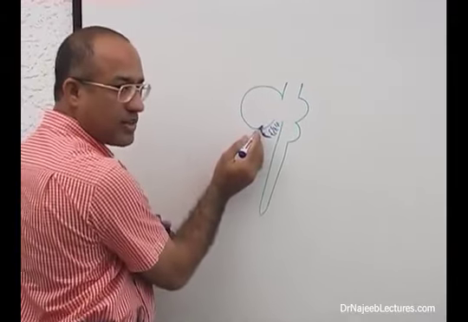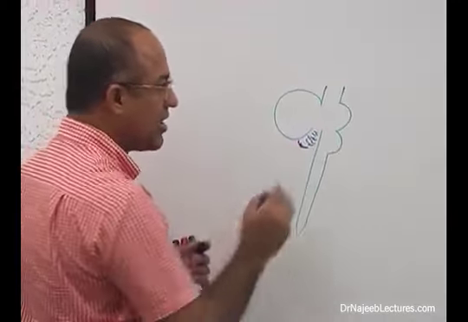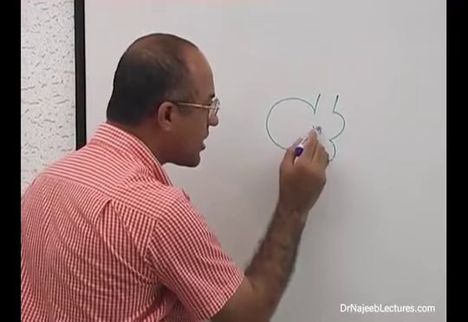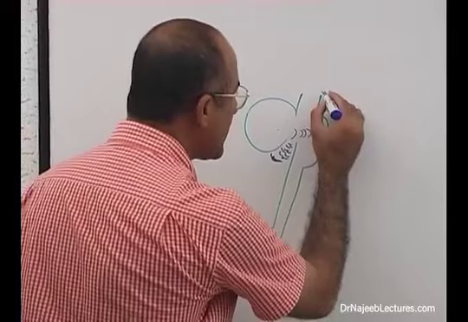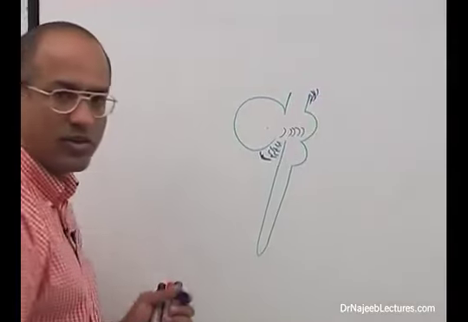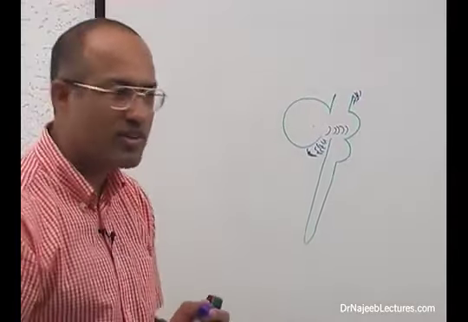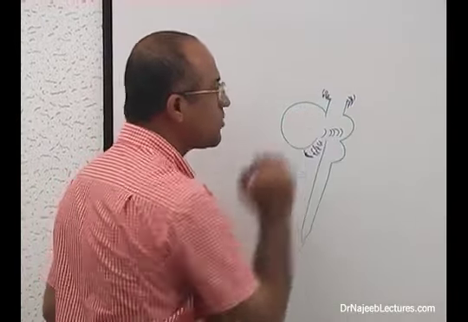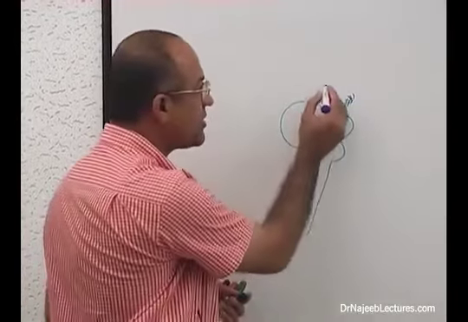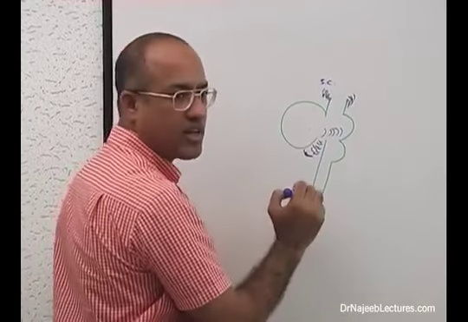Cerebello-medullary cistern. On this side there is a cistern. What is this? Cerebello-pontine cistern. And at this side there is a cistern. What is this? Interpeduncular cistern. And on the back of the midbrain there is a cistern called the superior cistern.